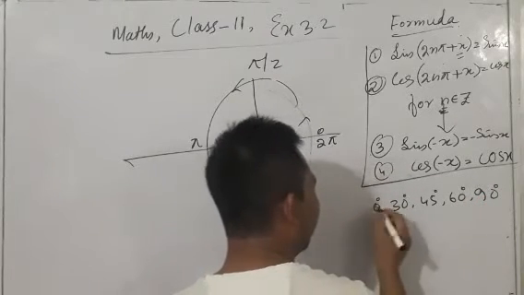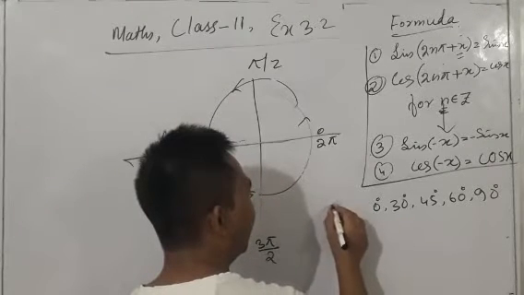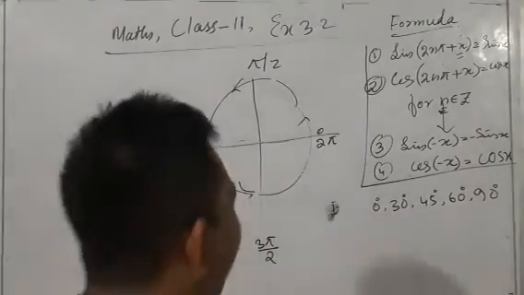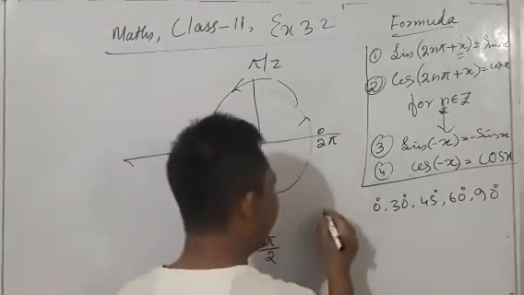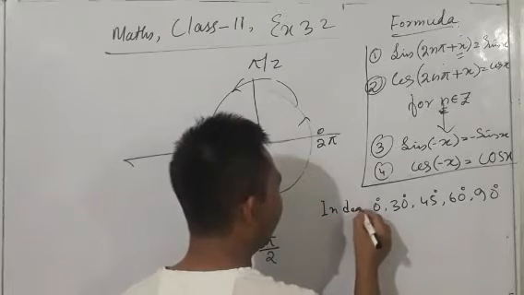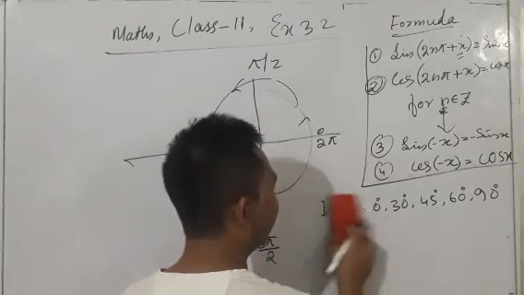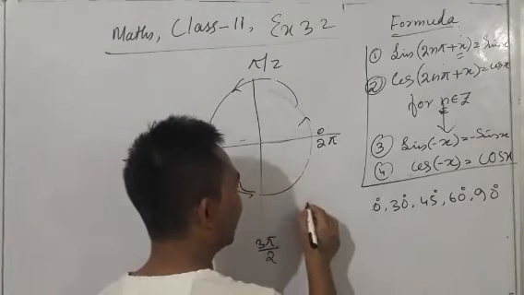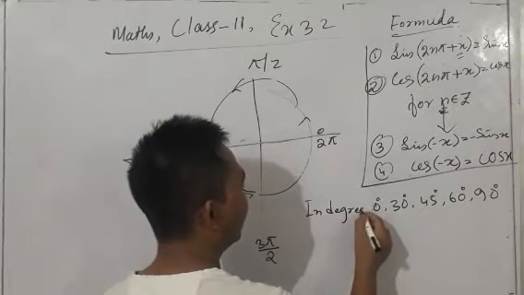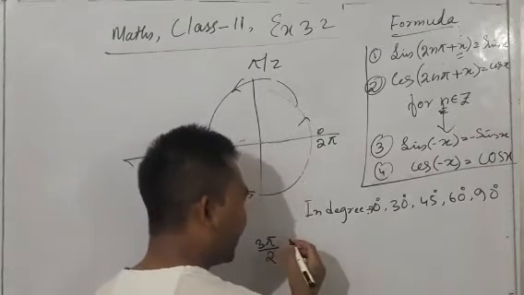This is in degree measure. But in radian?